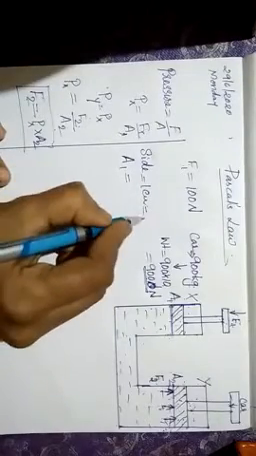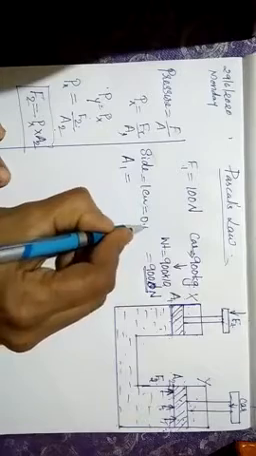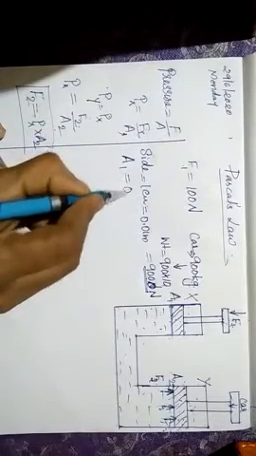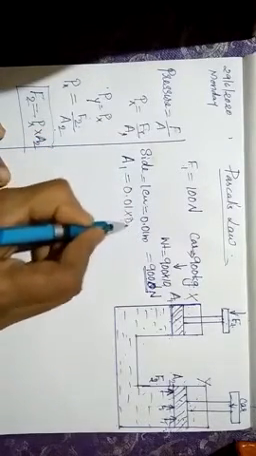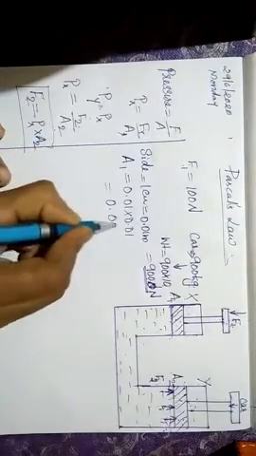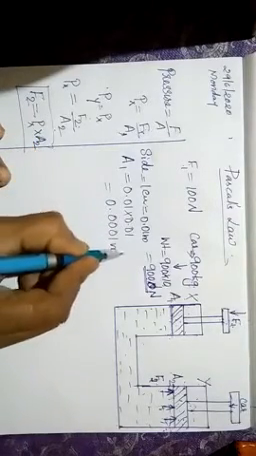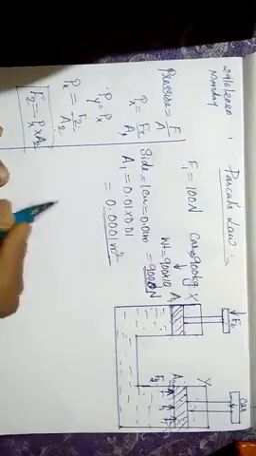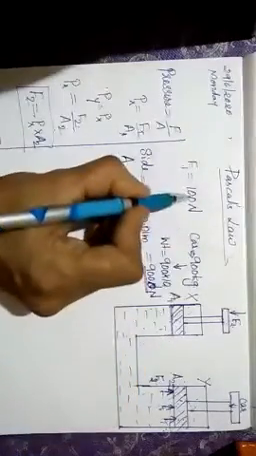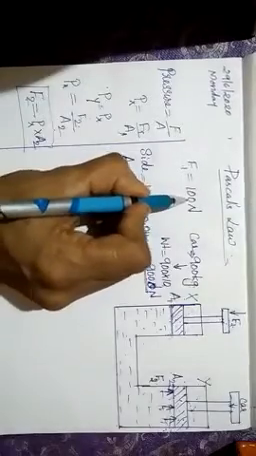Then the surface area of this tube is A1. Here 1 centimeter, we can convert it into meter, that is 0.01 meter. So area will be 0.01 into 0.01, that's equal to 0.0001 meter square area of cross section. Now here we got A1, and we have applied a force of 100 Newton.